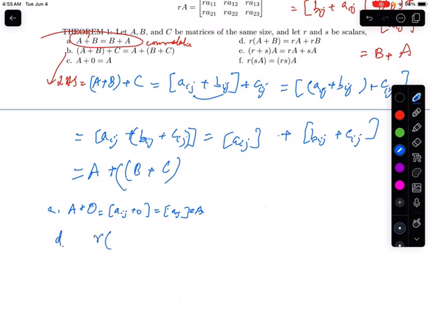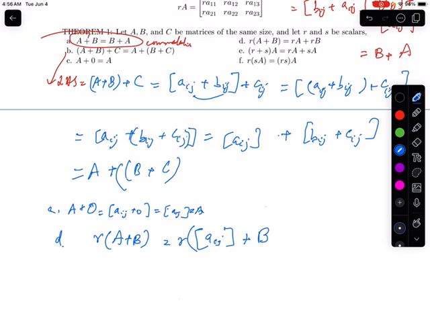We start here and we say that this is the same thing as R times the Aij plus Bij. No, that's not the way it should be, because that's what we are trying to show.